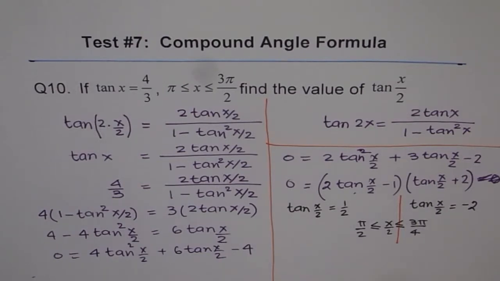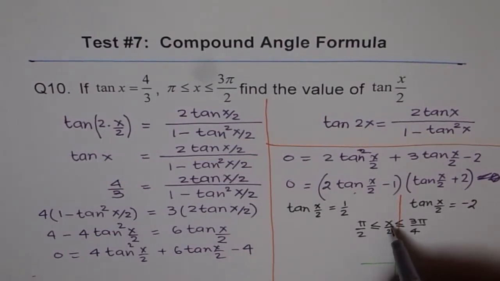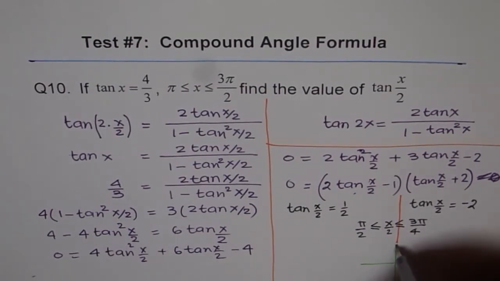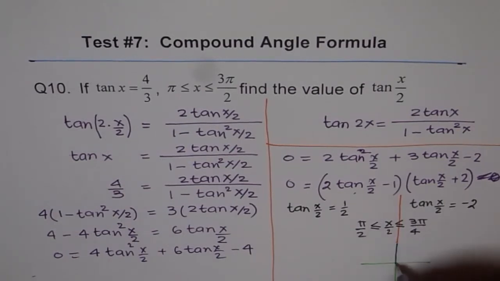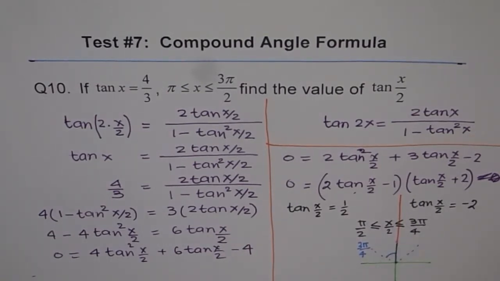That means we are looking into this domain where x by 2 is between pi by 2 and 3 pi by 4. This is pi by 2, this is 2 pi by 4, and this is 3 pi by 4. So we are looking for the answer within this region.